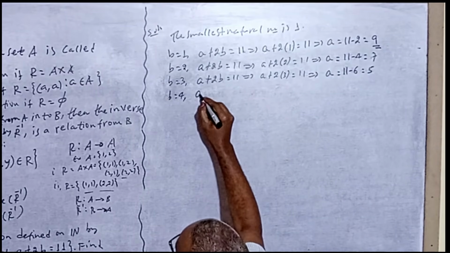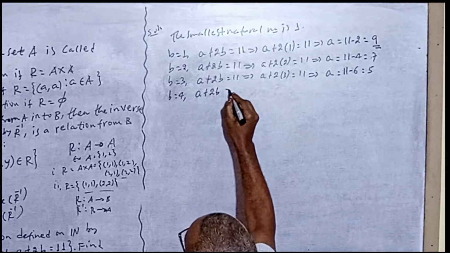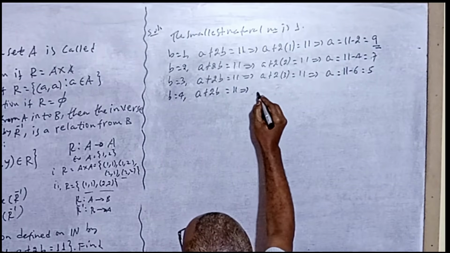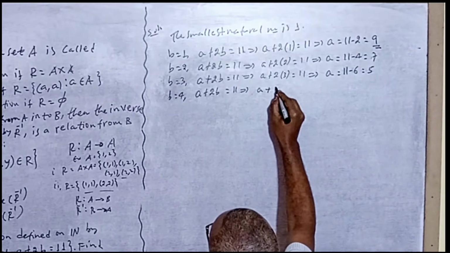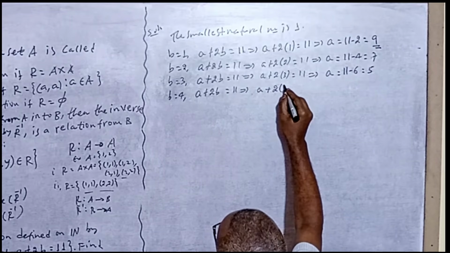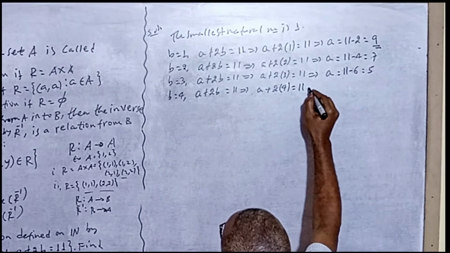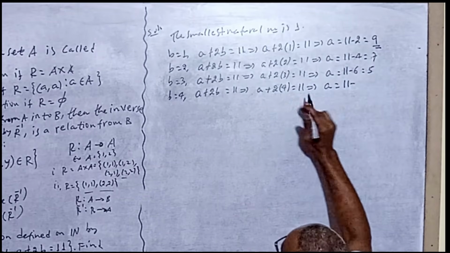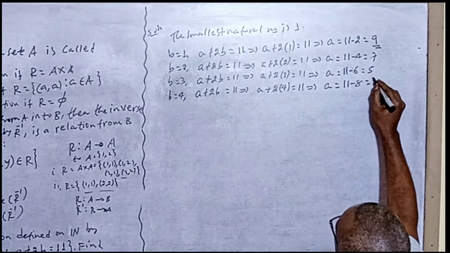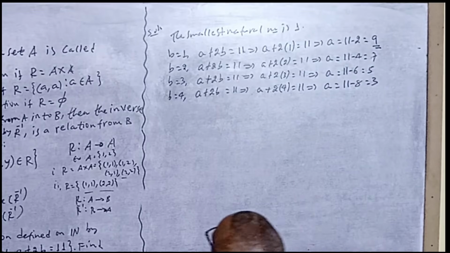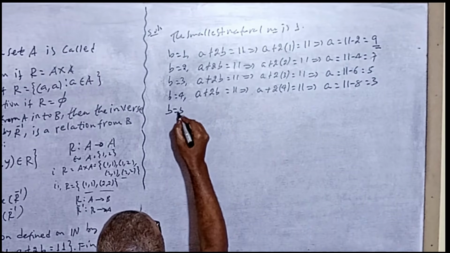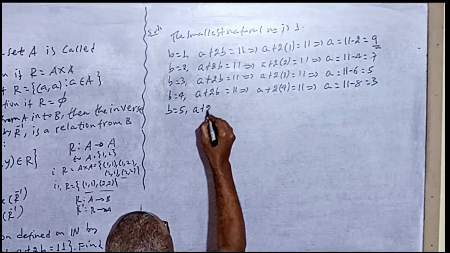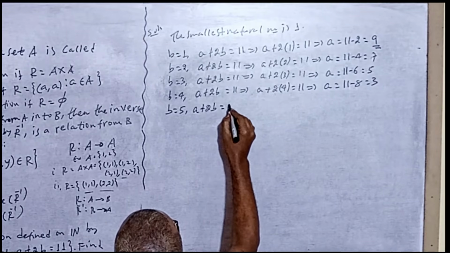When b is equal to 4, a plus 2b is equal to 11. This implies a plus 2 times 4 is equal to 11. This implies a is equal to 11 minus 2 times 4, which is 8, so a is 3. When b is equal to 5, a plus 2 times 5 is equal to 11.